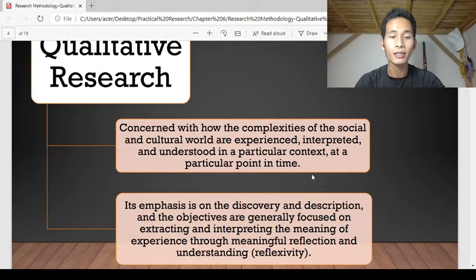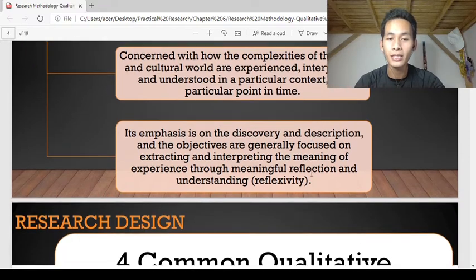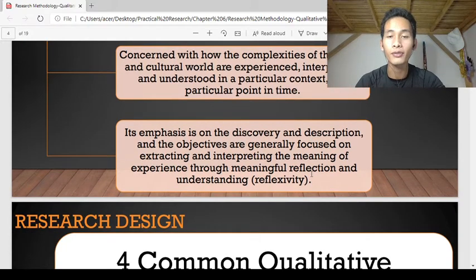Also, qualitative research puts emphasis on the discovery and description, diba? And the objectives are generally focused on extracting and interpreting the meaning of experience through meaningful reflection and understanding, or reflexivity. That is what I've mentioned kanina, that qualitative research is more on discovering new things, diba?